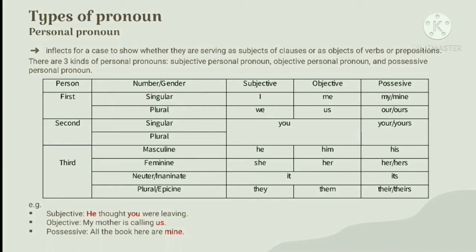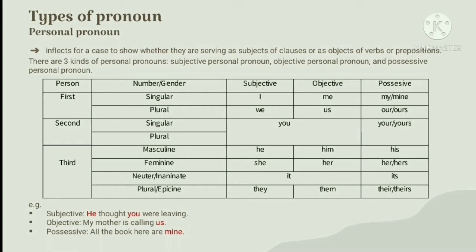This is the first person, using singular or plural. The singular one is I in subjective personal pronoun, then me in objective personal pronoun, and in possessive personal pronoun it is my or mine.